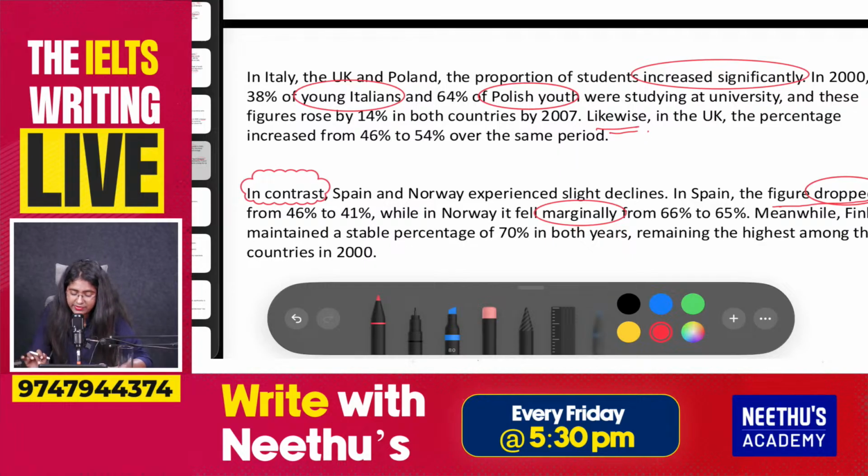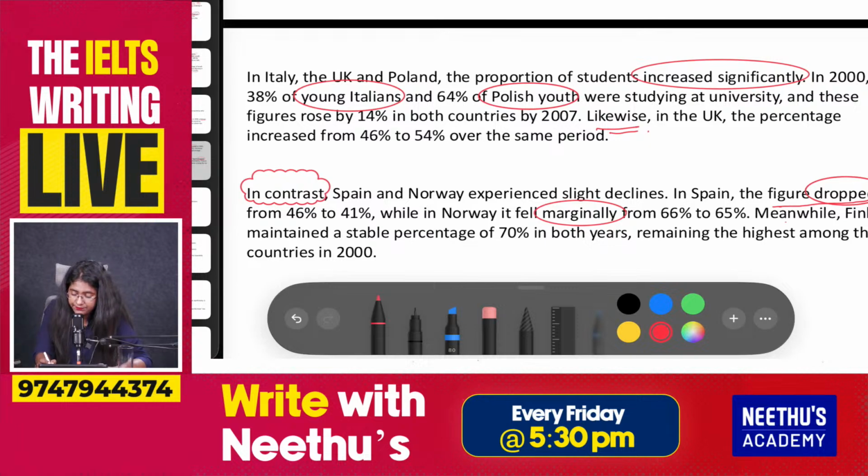So what all new things did we learn here? Increased significantly, young Italians, 60% of the Polish youth. Likewise, in contrast, figures dropped, fell marginally.